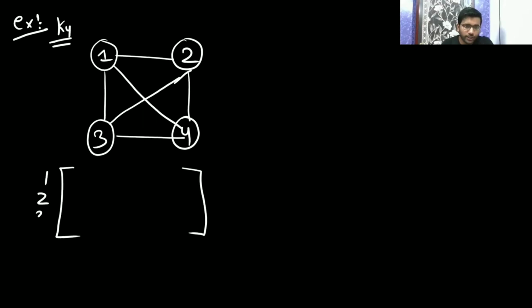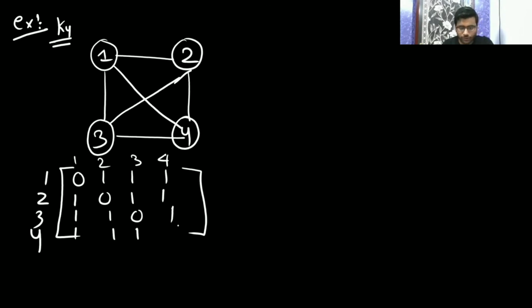1 2 3 4. So it's going to be 0 1 1 1, 1 0 1 1, 1 1 0 1, 1 1 1 0.